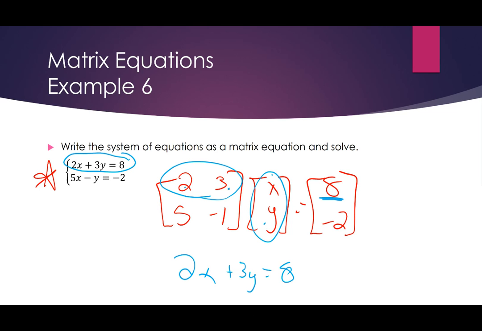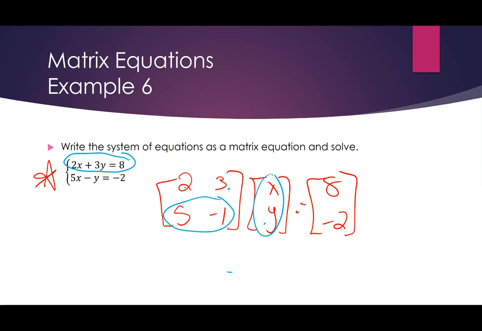And the second row by the first column would be 5 times x, negative 1 times y, which would be plus negative y or just minus y, equal to the second row number here, which is negative 2. And as you can see, that is that equation. So this is the matrix version of writing that system out.